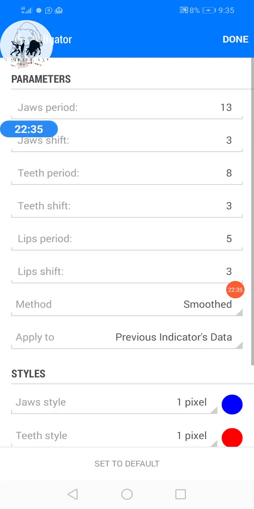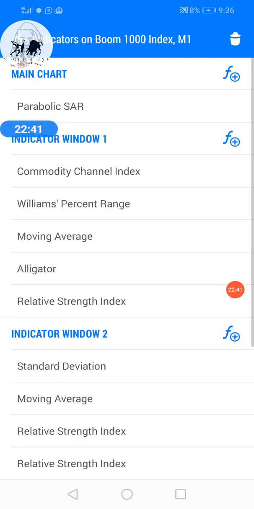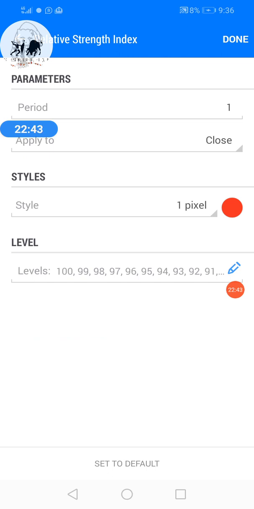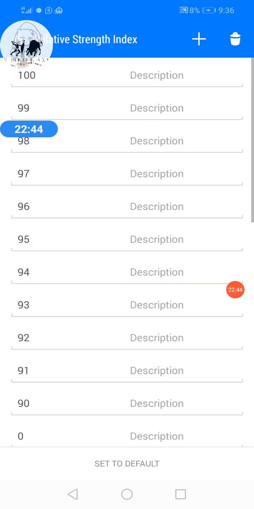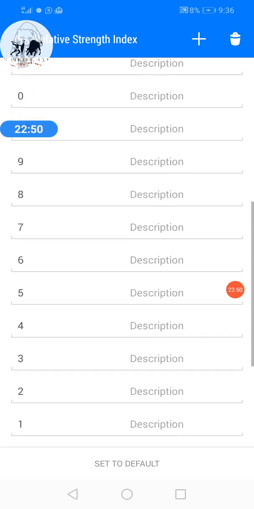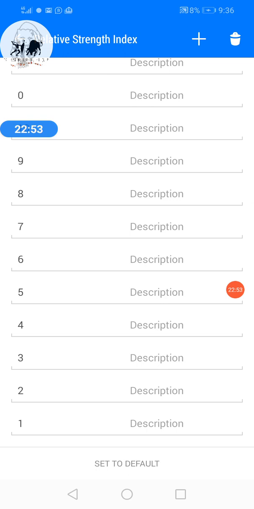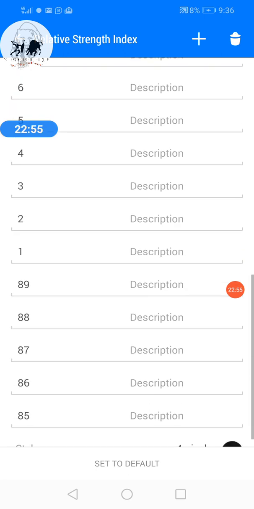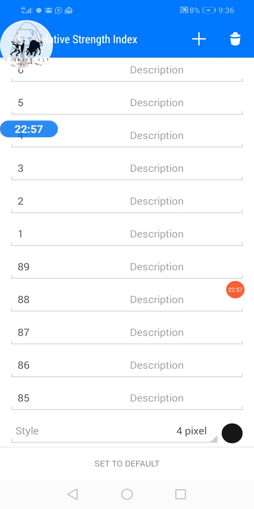Our alligator, just like this, brother, and our RSI, just like this, and the levels are 99, 98 up until 91 and 90, right? And our 10, 9, 8, 7, 6 up until 1, right? So here I just extended, right?